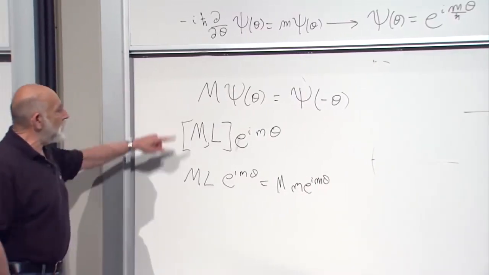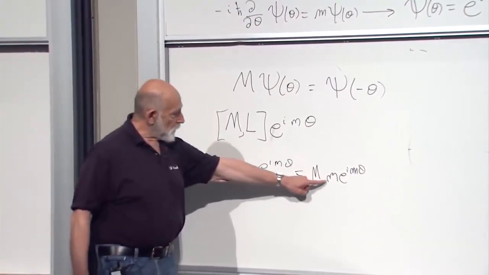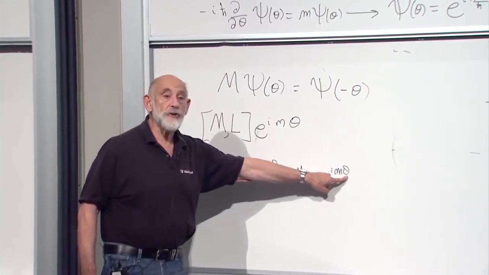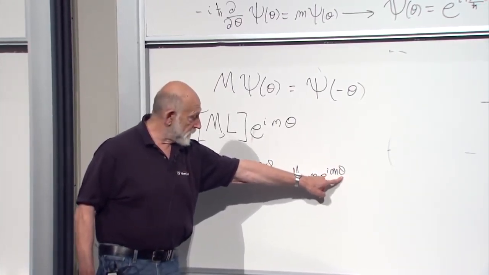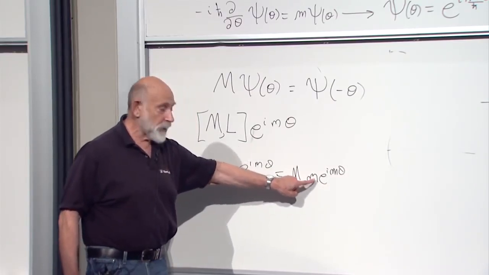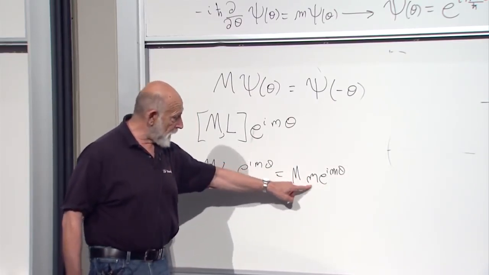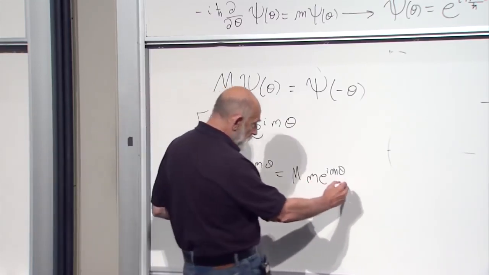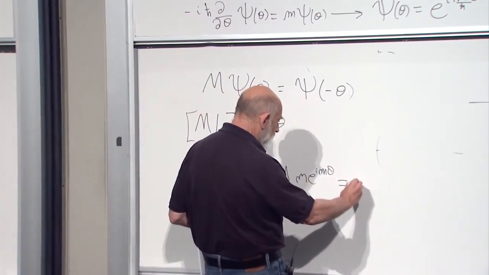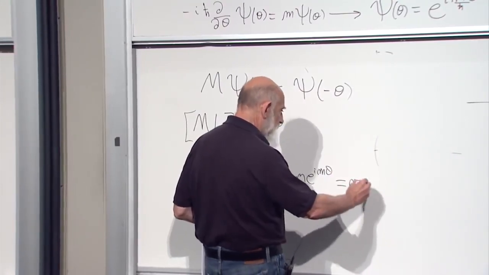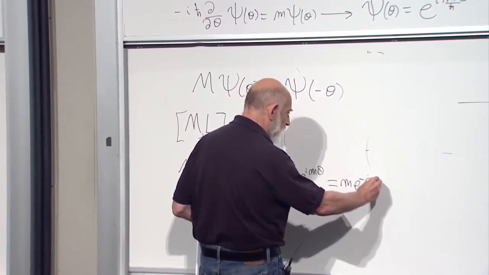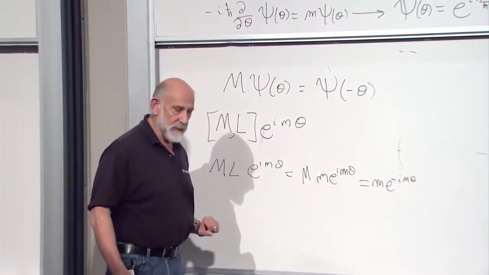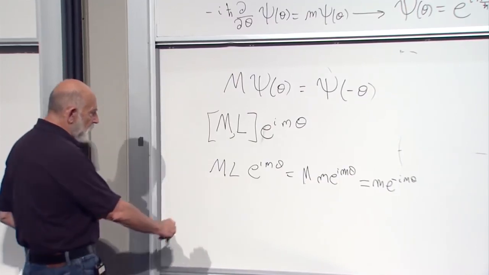And what does capital M do when it hits e to the i m theta? It just changes the sign of theta. Incidentally, once this is just a number, it doesn't matter which order big M and little m appear. And so this is just equal to little m times e to the minus i m theta. The big M just reflected theta.